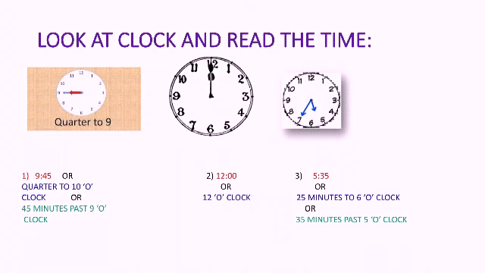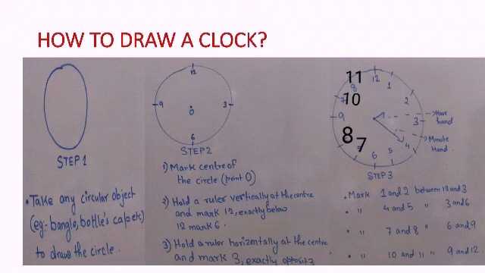And when we write past, we are saying that the hour hand has already crossed 5. So how many minutes is it since it was 5 o'clock? 35 minutes. It has been 5 o'clock for 35 minutes, and after 25 minutes, the hour hand will reach 6. That is why we write 25 minutes to 6 o'clock.